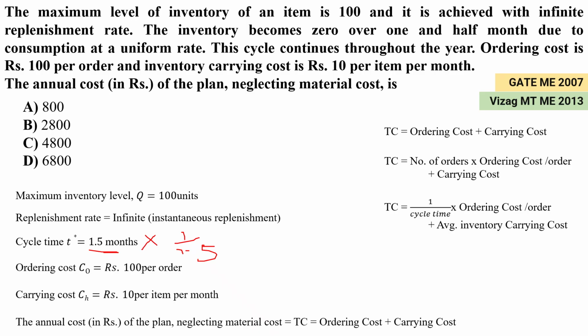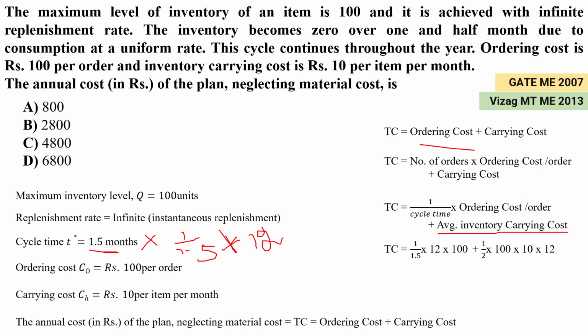But we need the orders per year, so we multiply by 12. So the number of orders equals 1 by 1.5 into 12, and the ordering cost per order is 100. So the ordering cost becomes 1 divided by 1.5 into 12 into 100.